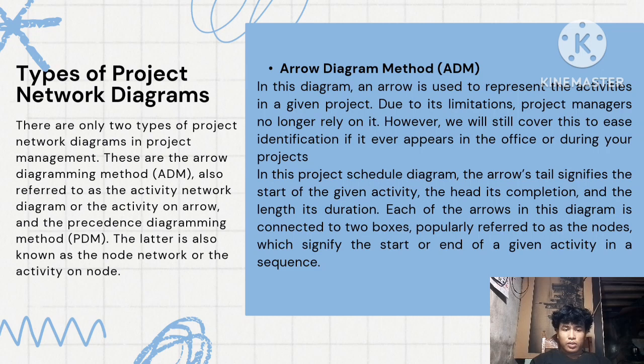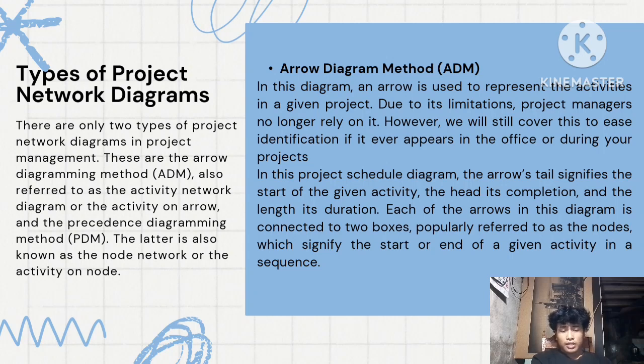Due to its limitations, project managers no longer rely on it. However, we will still cover this for easy identification if it ever appears in the office or during your projects.